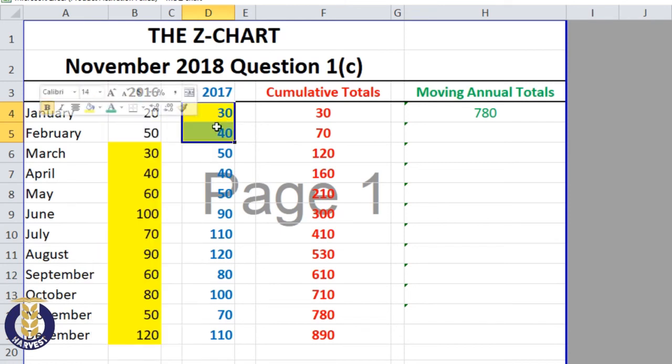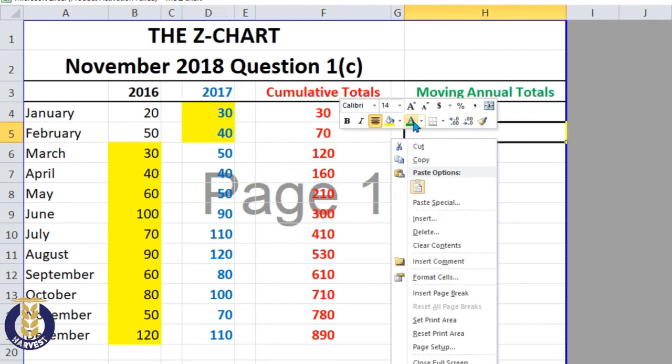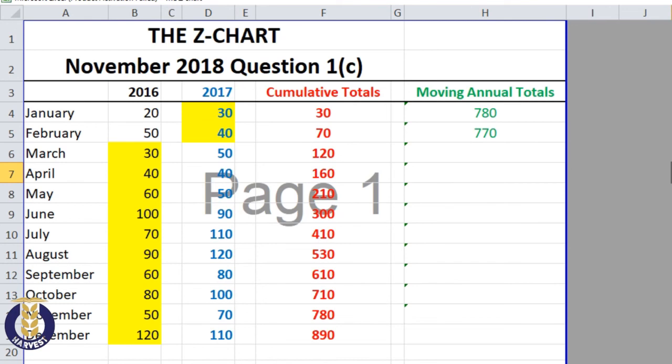This time around, you pick up even the 40, because without the 40, you won't have the 12. So you're going to add 30 plus 40 plus 60 plus 100 plus 70 plus 90 plus 60 plus 80 plus 50 plus 120 plus 30 plus 40. When you total up, you should be getting 770.